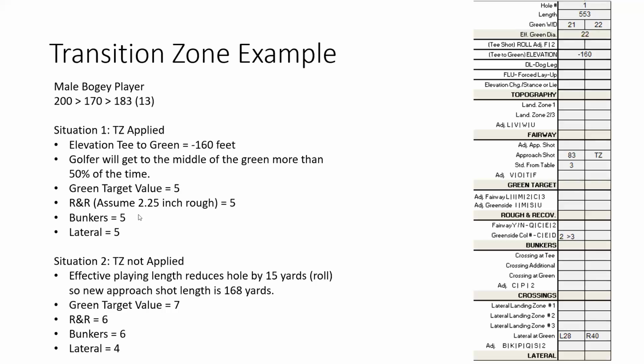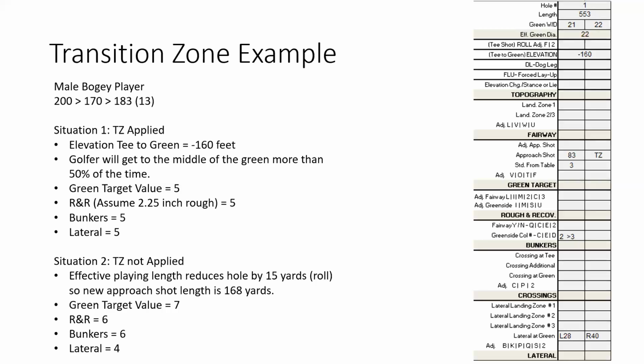And then for our lateral here, we're going to use our approach shot length. In this case, we're going to use this 183 to get our lateral number. And 183, when it's 28 away, is a 5. So we don't use the actual shot length, but we use the maximum amount, even though it's beyond what they can actually hit.